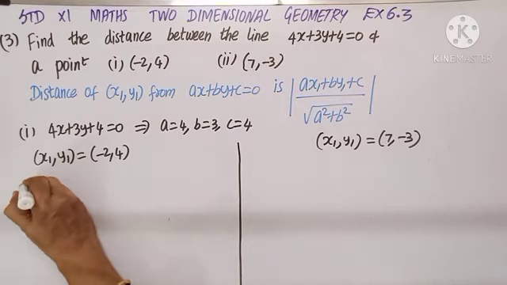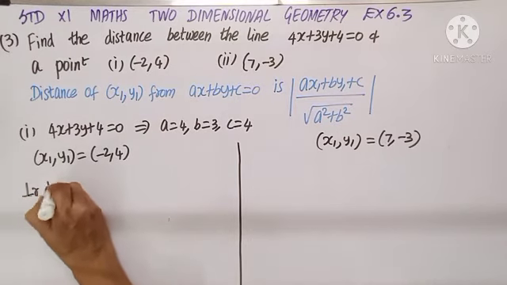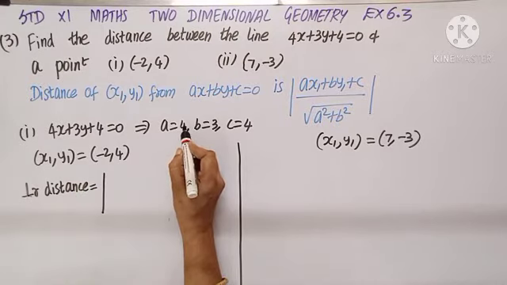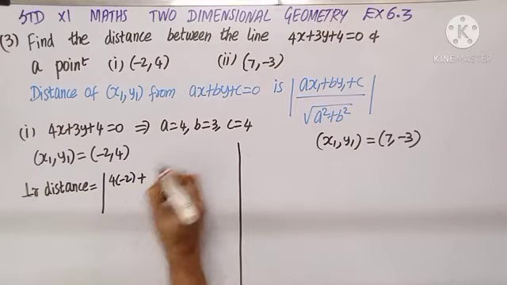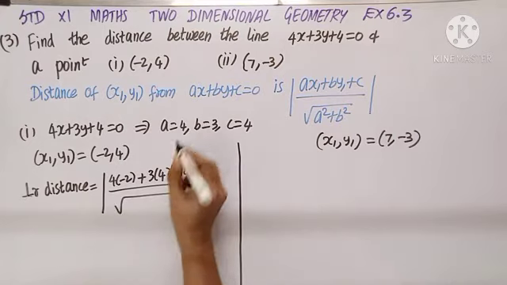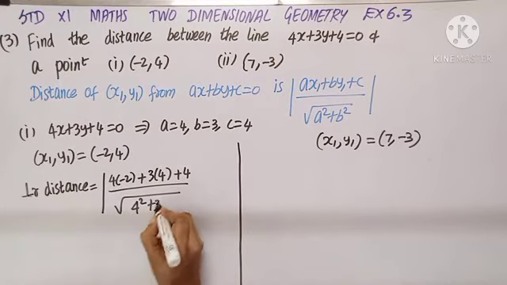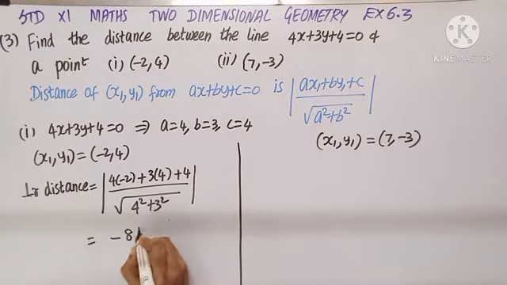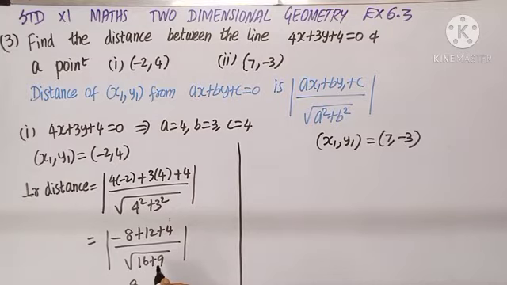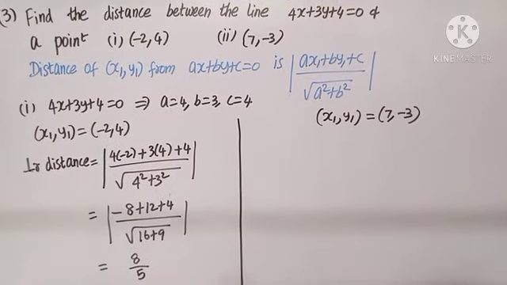So the distance, I can say perpendicular distance equals to modulus of ax1 plus by1 plus c by root of a square plus b square, that is 4 into minus 2 plus 3 into 4 plus 4 by root of a square plus b square. Simplifying which, minus 8 plus 12 plus 4 by root of 16 plus 9, or it is 8 by root of 16 plus 9, 25, square root is 5. So the perpendicular distance is 8 by 5.